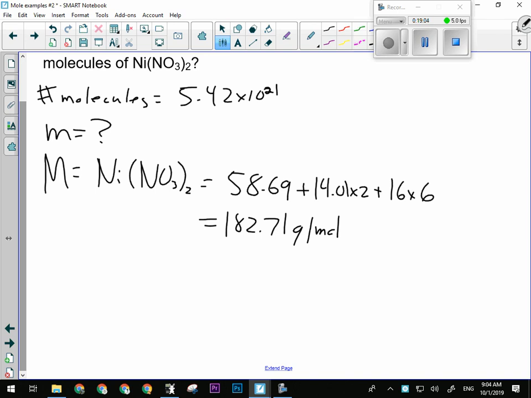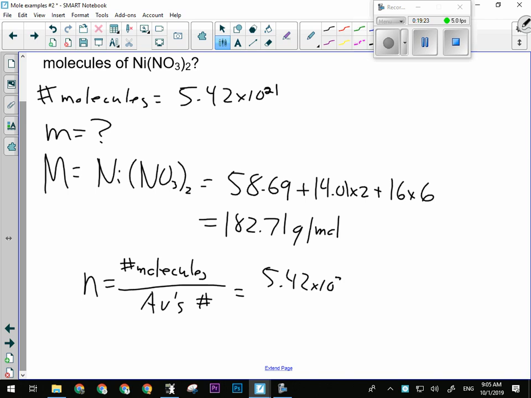So if I do the opposite of that, will it give me the number of moles? Yes. Okay, n will equal the number of molecules divided by Avogadro's number. So what we have here then is 5.42 times 10 to the 21 divided by 6.02 times 10 to the 23.